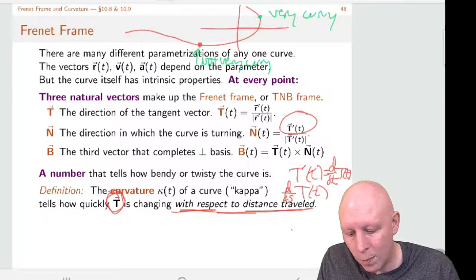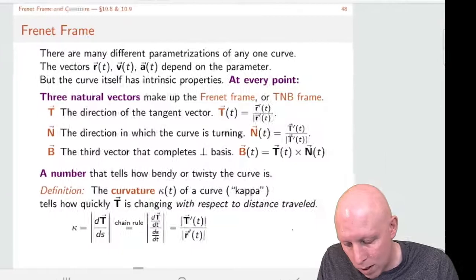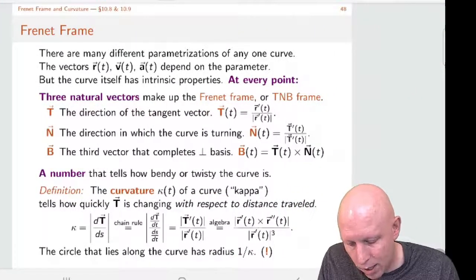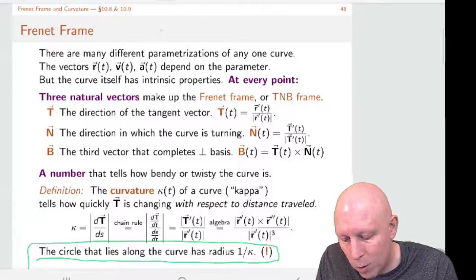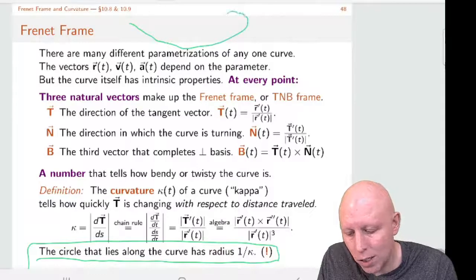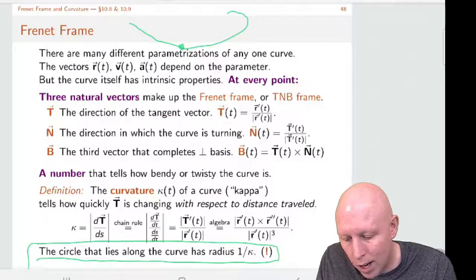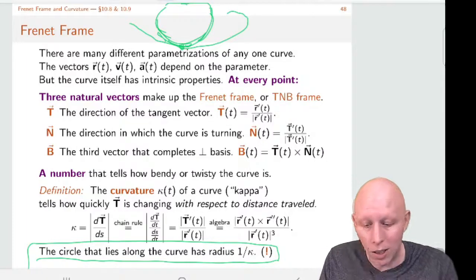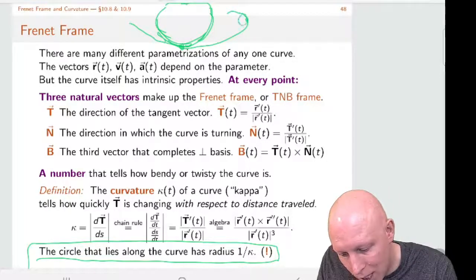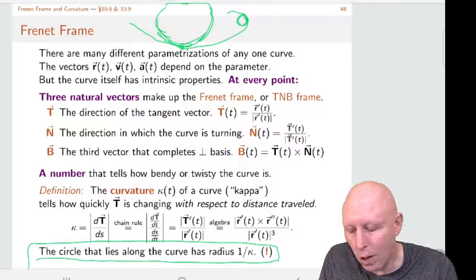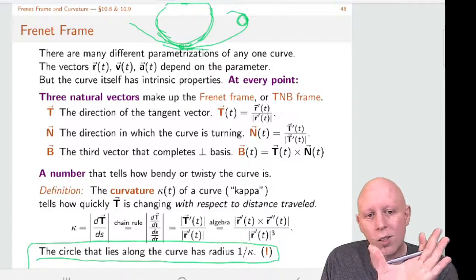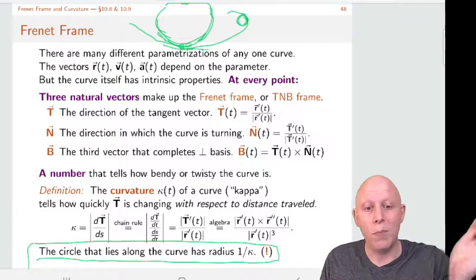There's a formula for it. I'll get to that in a second. But the key point is, what's another way to talk about how curvy a curve is? It would have to do with how big of a circle would nest in this space. If a function is really, really curvy, like up here, the circle that nests along there is a really small circle. But if you're not very curvy at all, then the circle that nests in the curve is going to be very big.